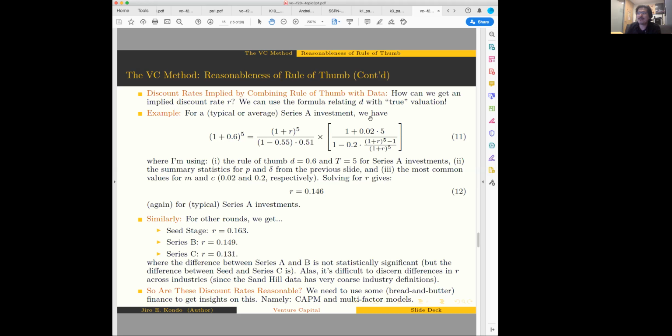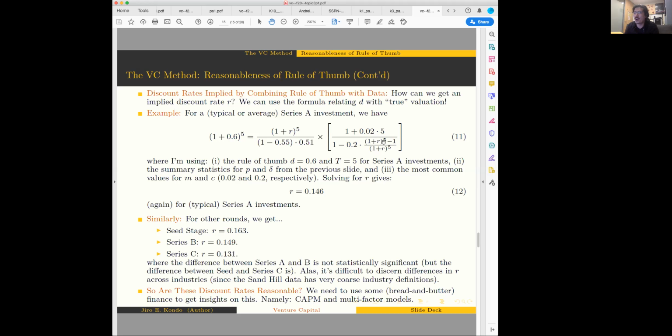I can use this same equation for the seed stage. For the seed stage, it's 1 plus 0.8 to the power of 6 equals 1 plus R, where R is for the seed stage, to the power of 6, divided by 1 minus, I think it was 70% expected dilution for seed, times 31% probability of success for a seed, and then 1 plus the 2% but now for 6 years, over 1 minus the 20% carry times this mouthful of a statement, so I won't say it, but where the 5 is replaced by a 6.